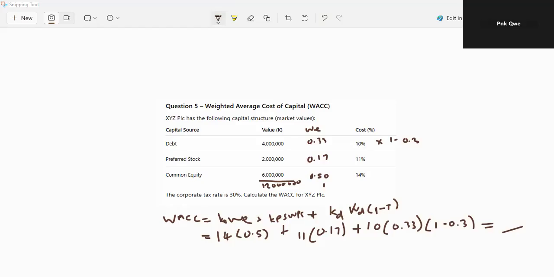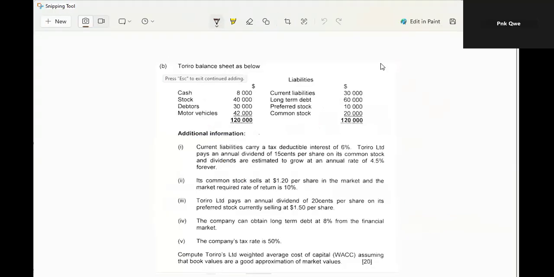You become confused all of a sudden. Okay. Let's look at question number 2 of last year's paper. So here we're given this question.